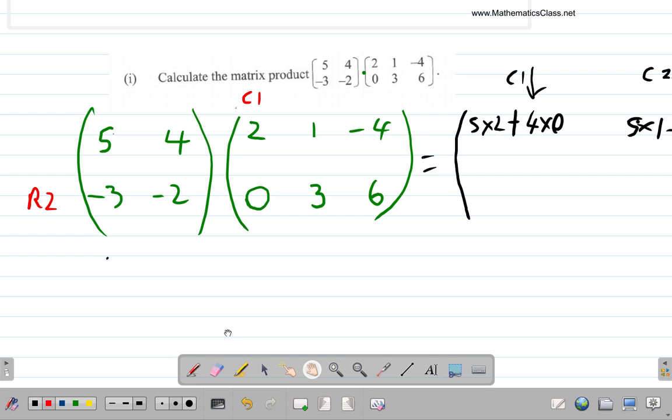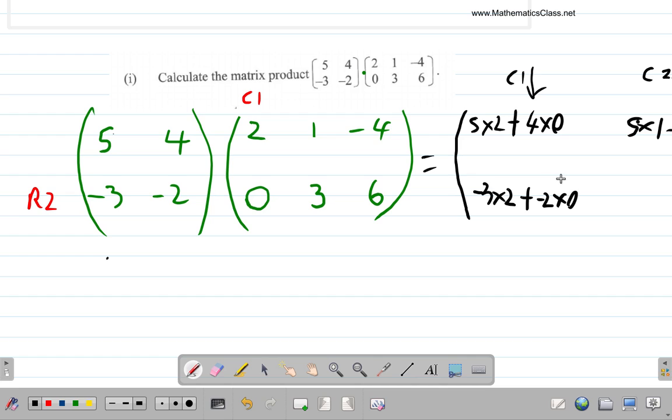So here, it will be first element in row 2 times the first element in column 1 plus second element in row 2 by the second element in column 1. That is what will happen. So it's negative 3 by 2 plus negative 2 by 0.